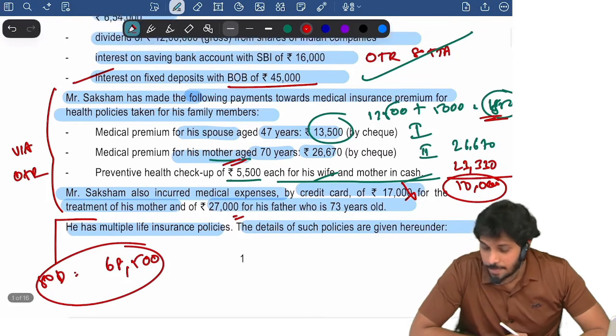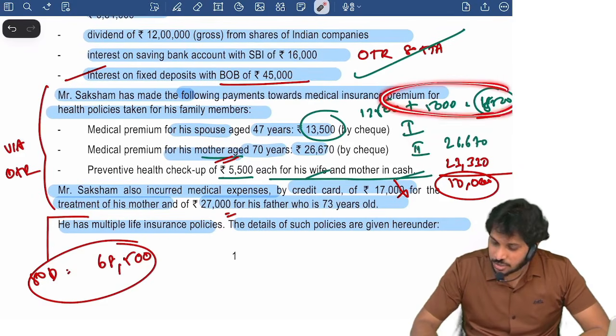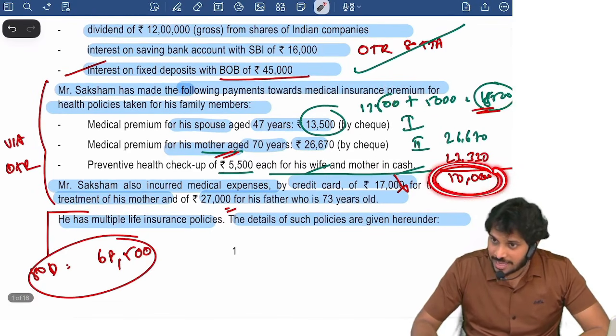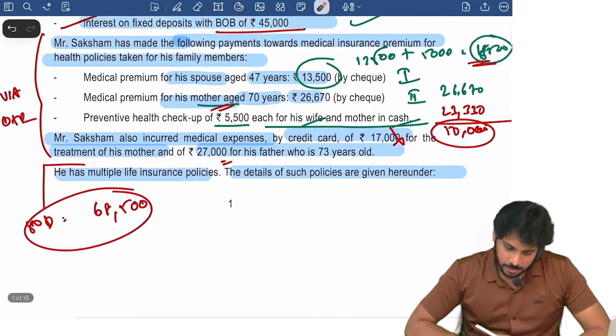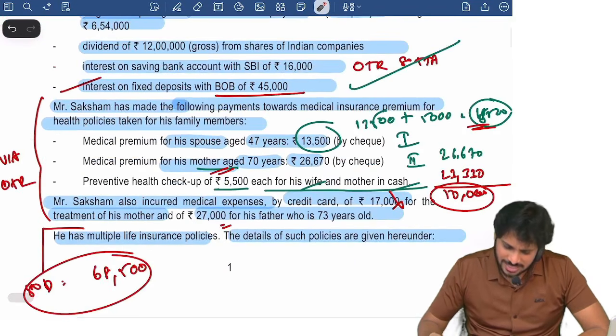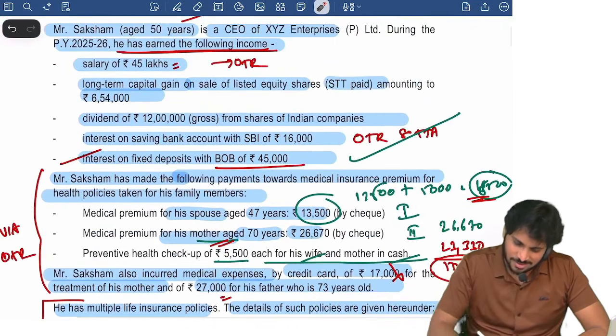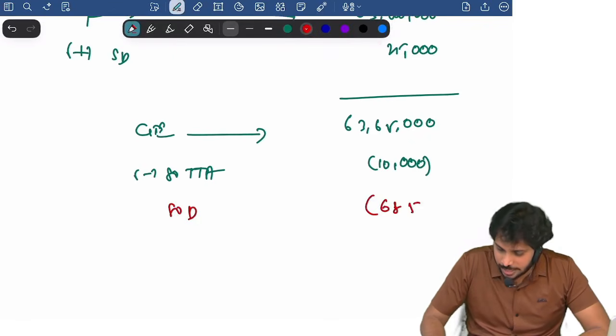Yes or no? Now you see, total put together, preventive health checkup 5,000 I claim. Category 1 answer should be less than 25, category 2 answer should be maximum 50. Every condition is satisfied, my answer is right. Then multiple policies, only this one, 80TT, only 2 deductions. That's it. Over. So 80D is 68,500.